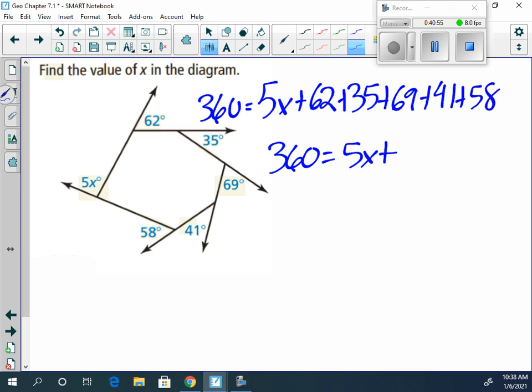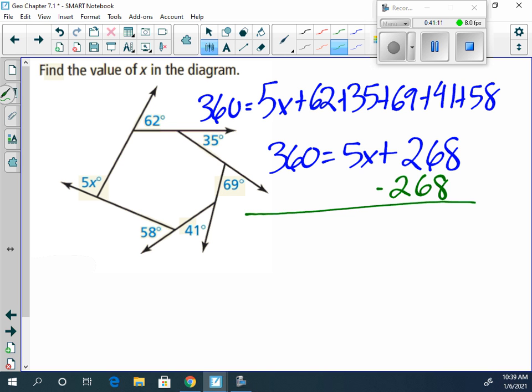Now at this point here, we need to add all of these together. Well, we need to get x by itself, so I would subtract 268 from both sides.